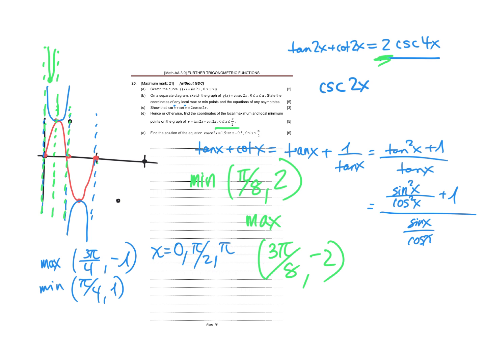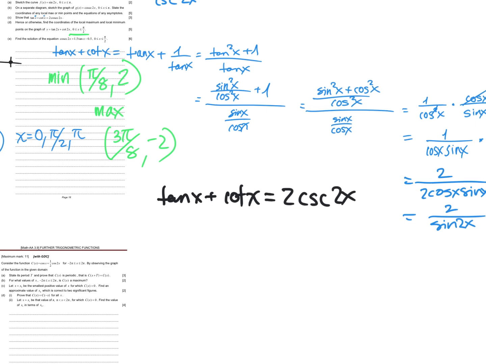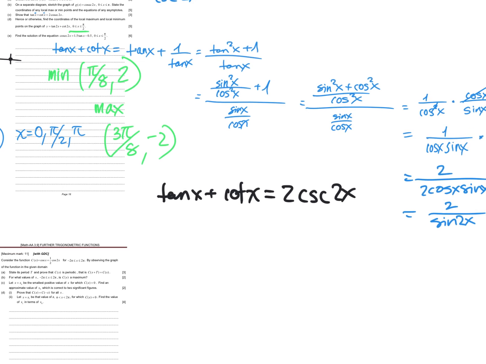Okay. Find the solution to the equation cosecant 2x equals 1.5 tangent x minus 0.5. Okay, so if we have cosecant 2x, that was tangent plus cotangent over 2. So tangent x plus cotangent x equals 2 cosecant 2x. All right, and we want cosecant 2x.